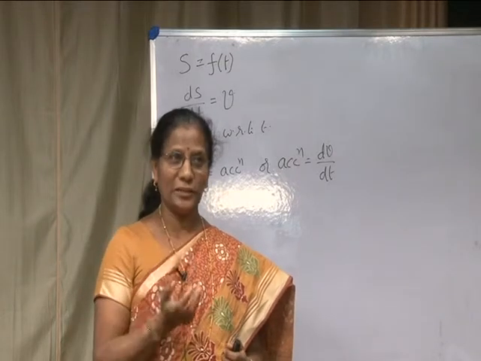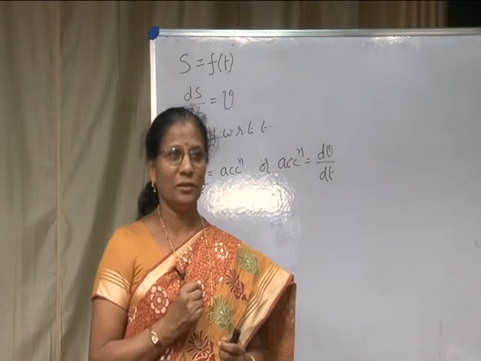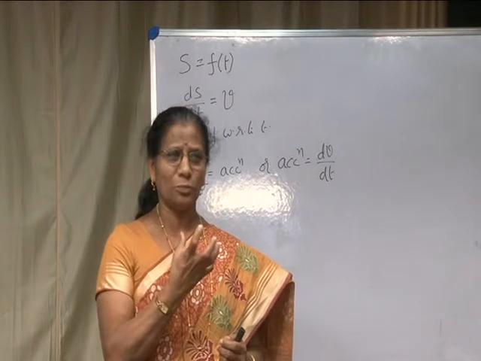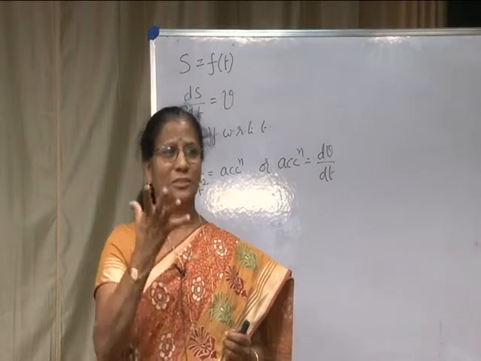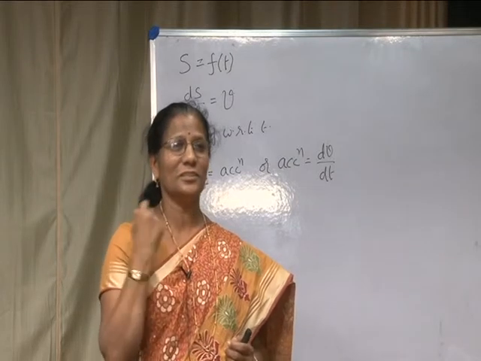Take another example that you see daily: you have a balloon in your hand and you fill air in it. Just like a sphere, it increases, the volume increases, the area increases, the radius increases.